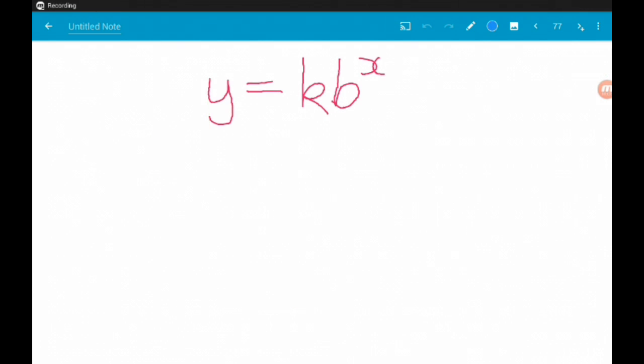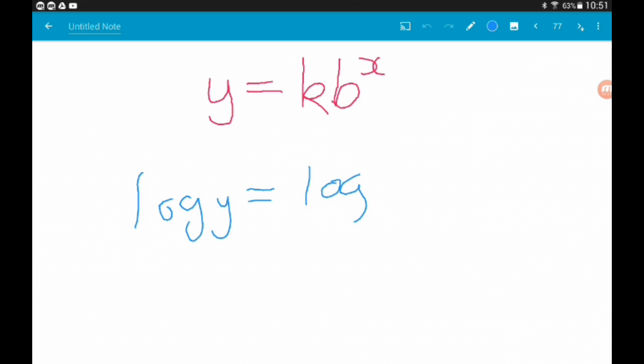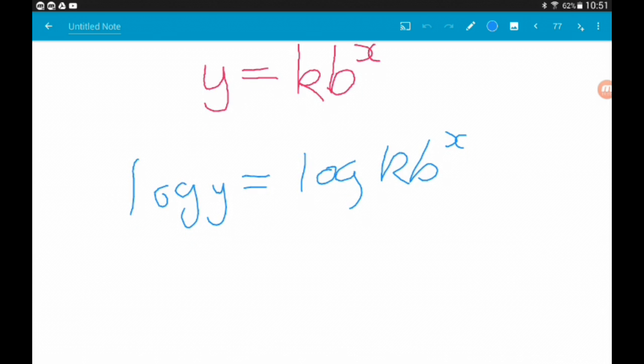Okay, very similar situation with y equals k b to the x, except here x is the power. So, if we log both sides, we get log y equals log of k b to the x. So just like last time, we can split that log on the right using the laws of logarithms.